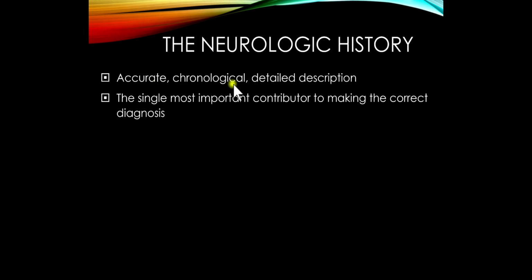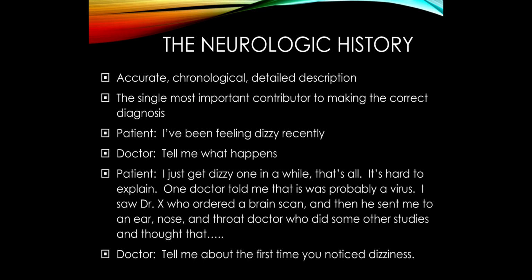And so what we want in neurology when you're on the clerkship, someone comes in with dizziness, we want to know when it started. We want to know what it's like, some details. And as I mentioned, this is the single most important contributor to making the correct diagnosis. So here is more or less a transcript of an encounter I had with a patient some time ago, just to illustrate this.